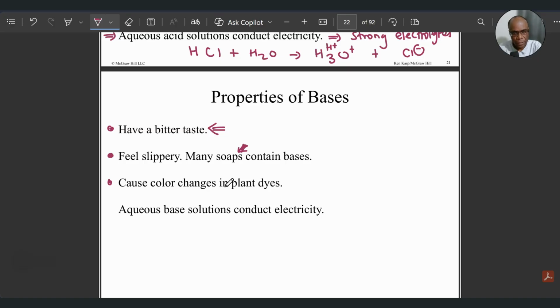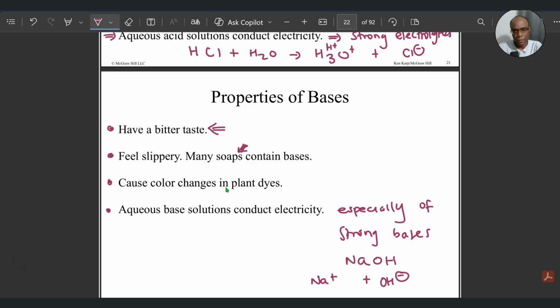When you put a drop of a base solution on red litmus paper containing plant pigments, it's going to turn blue. And then aqueous base solutions usually conduct electricity, especially those of strong bases. We already did the subtopic on electrolytes, and we said sodium hydroxide is a strong base. It gives you lots of hydroxide in water and lots of Na+.